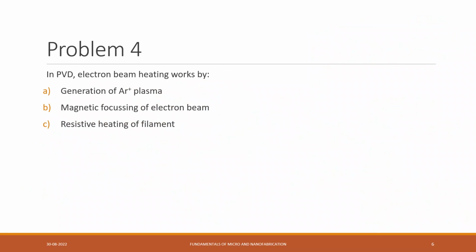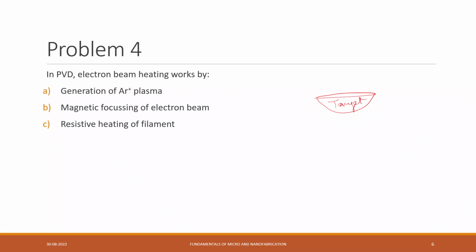So, in physical vapor deposition, we have a method of electron beam heating. Basically we have to heat the material, this is the target material.